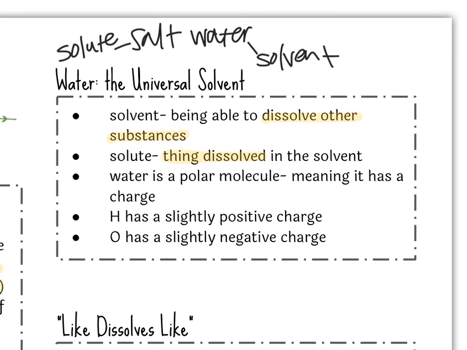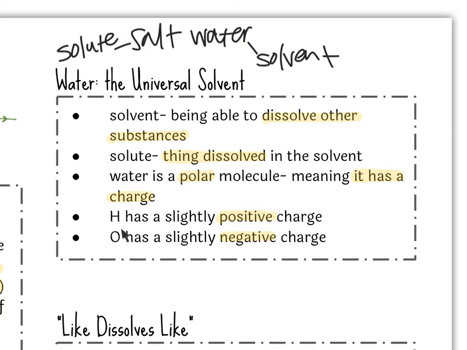And water has another property that is very important in biology, and it is a polar molecule, meaning it has a charge. It has a charge because hydrogen has a slightly positive charge, and oxygen has a slightly negative charge.